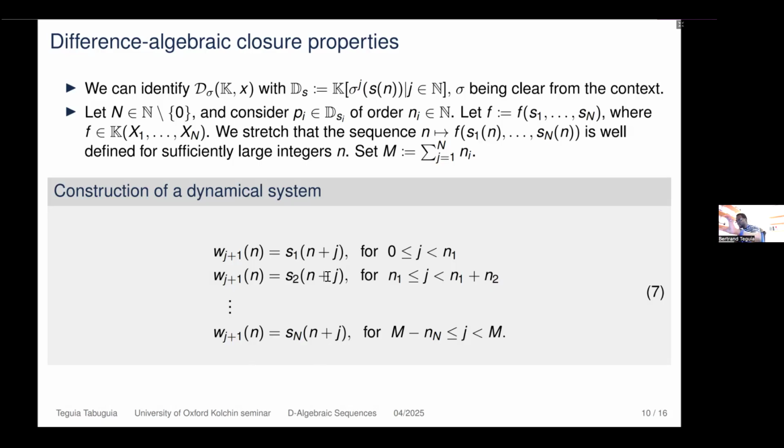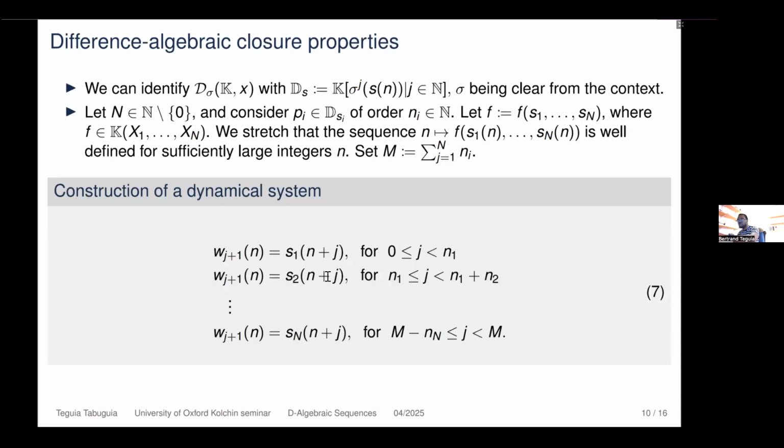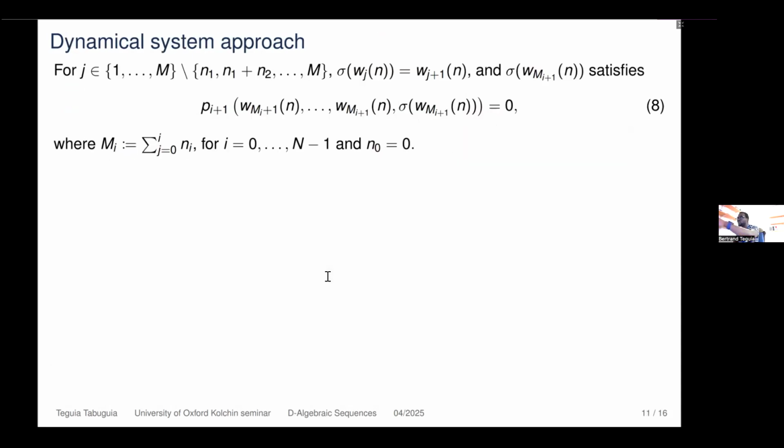When you do this, for every w you are able to compute the shift using all the created difference indeterminates, since from this relation we know how to compute the next term of s_i for any i.